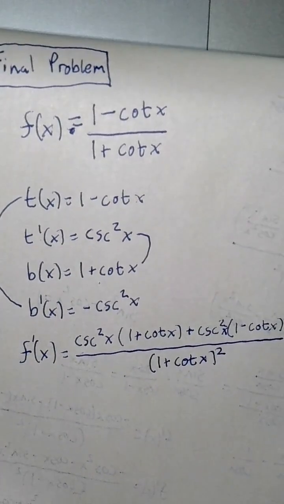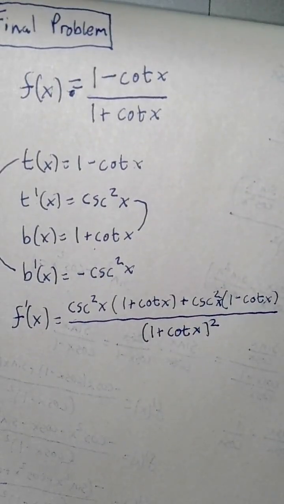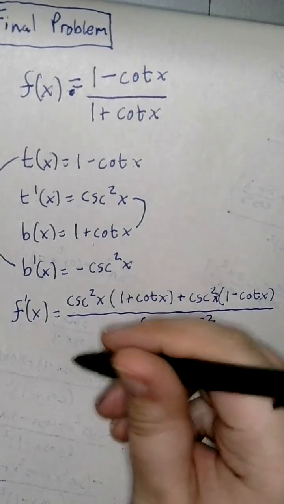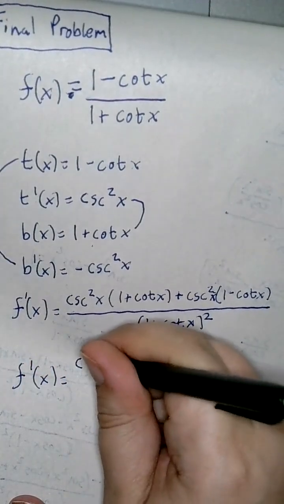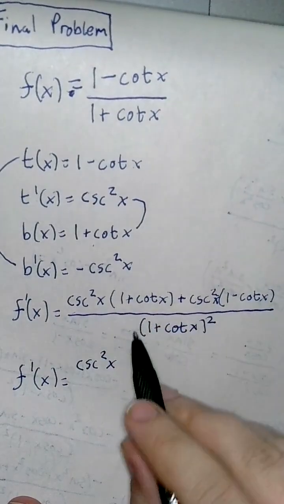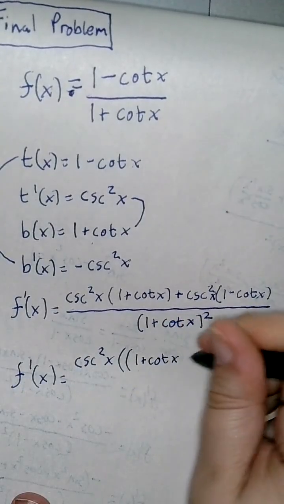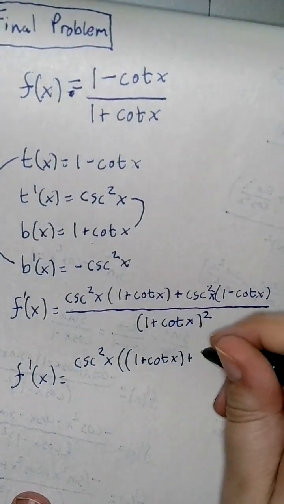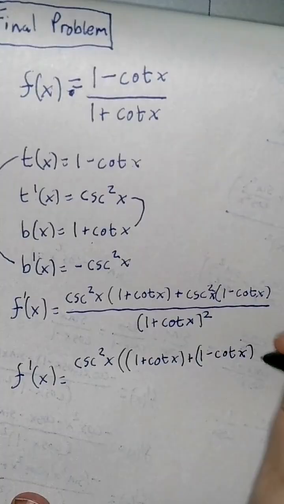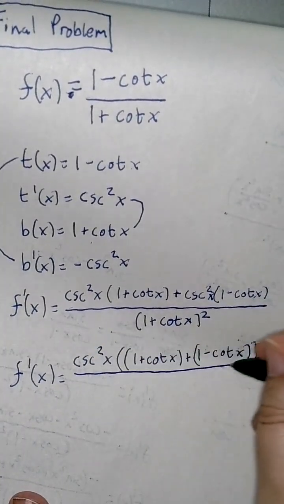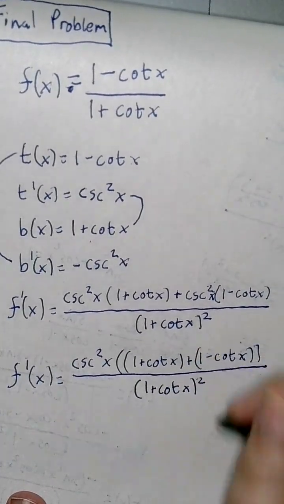So from here, now I'm going to try to simplify if I can. I'm going to go ahead and factor out a cosecant squared x. What am I left with? I'm left with 1 plus cotangent plus 1 minus cotangent, all over 1 plus cotangent all squared.